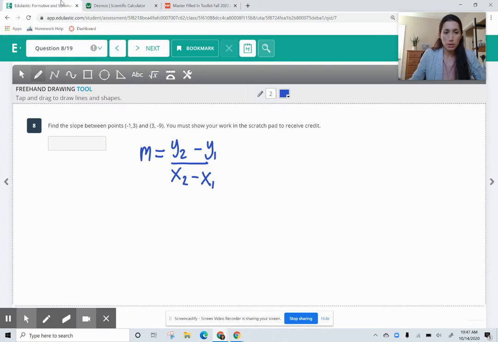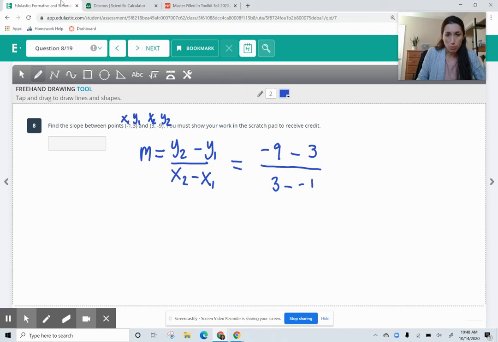Now all we need to do, I'm going to label this point x1, y1, x2, y2. So now we can say, okay, the negative 9, now we're going to subtract from that 3. Negative 9 minus 3. And then 3, we're going to subtract from that a negative 1.